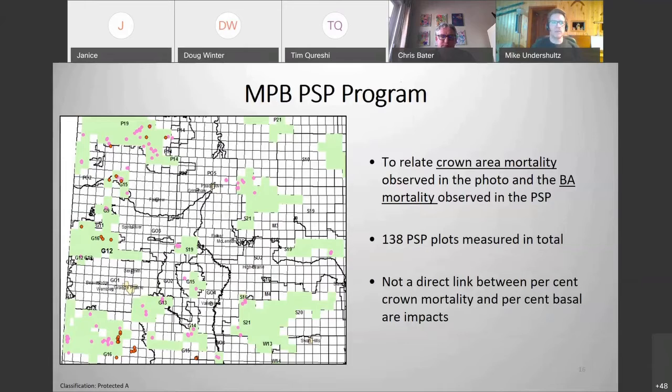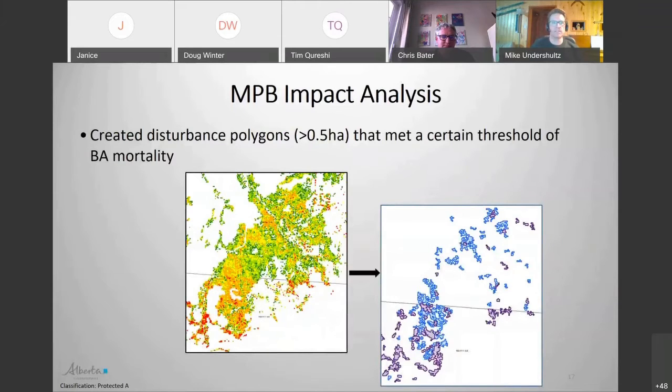So without getting into all the details, I think the technical term is we created a fudge factor that allowed us to create impact on timber analysis. So we looked at the specific cells, these 30-meter cells, and each of them then would have a basal area impact created from the area impacts.